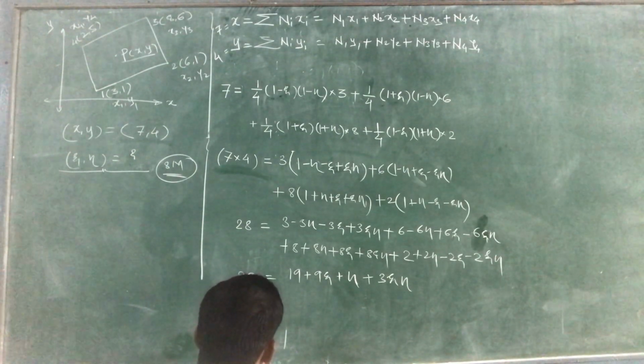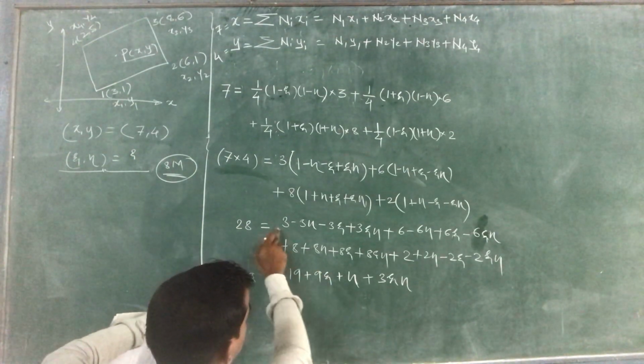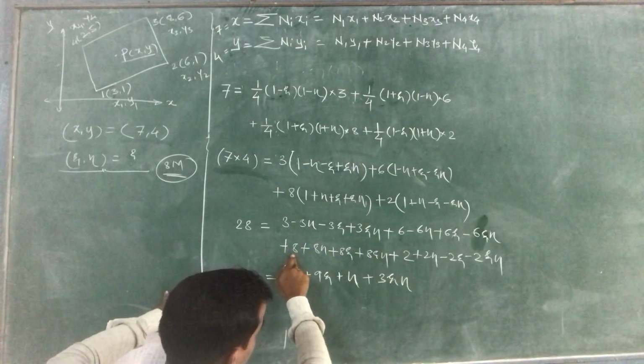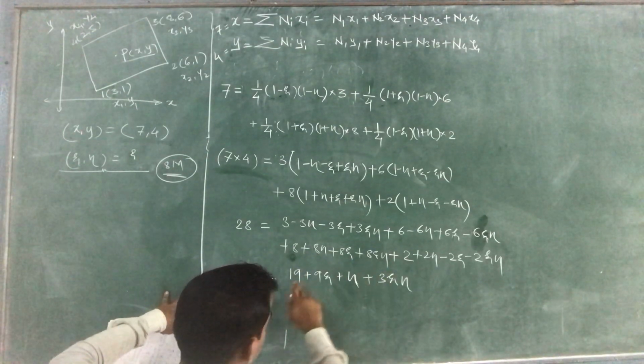Okay, you can say that 3 plus 6 is 9, 9 plus 8 is 17, 17 plus 2 is 19.